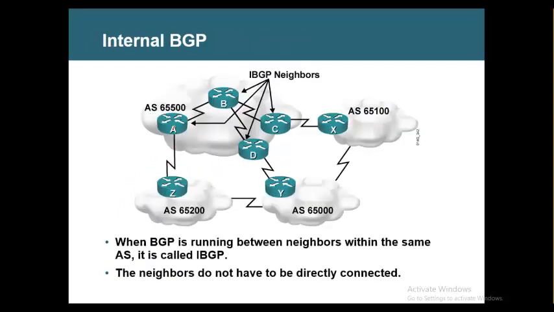A can form a neighbor directly with C, even if you don't have BGP in between. How is that possible? BGP uses TCP, no? Take for example Telnet. If I want to telnet from A to C, is that possible?